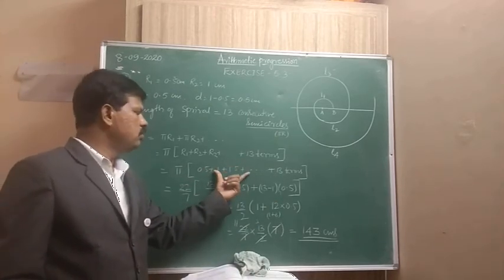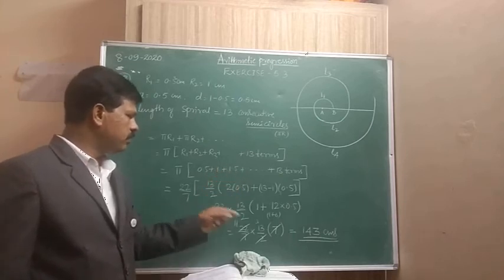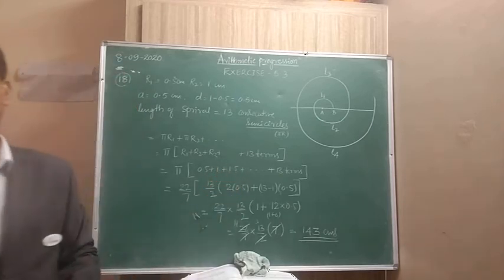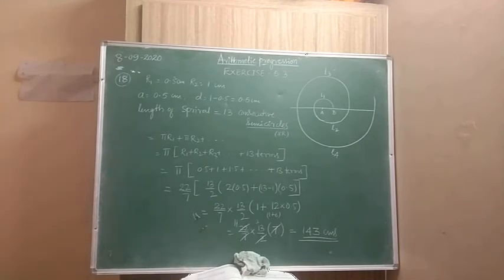Now use this AP and substitute in the formula n/2 into 2a plus n minus 1 into d. When you substitute the values, you will get the length of the spiral as 143 centimeters. Clear?